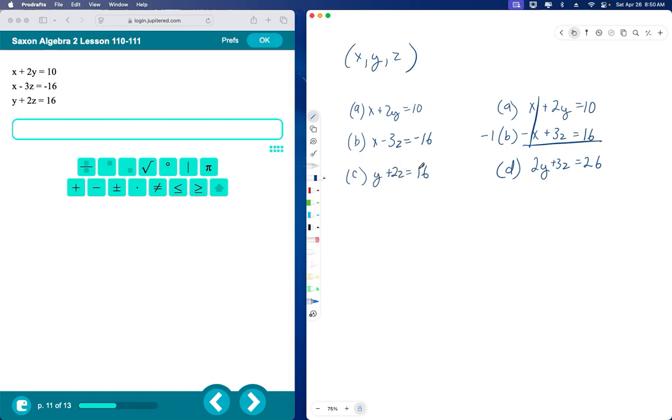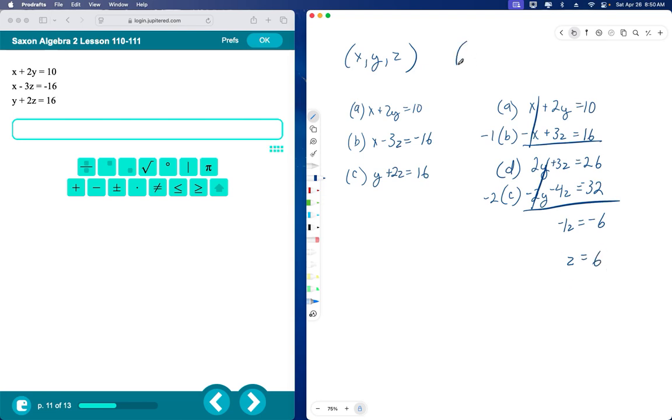If I multiply this by -2, then that gives me an ability to solve for z because I'll be canceling the y's. So -2 times C is going to give me -2y minus 4z is equal to -32. So this cancels. I have a -1z, and this is going to be -6. Multiply both sides by -1 or divide both sides by -1. Z is equal to 6.